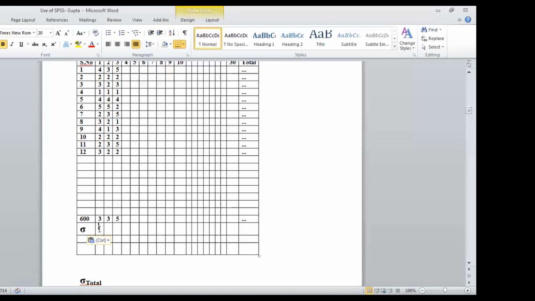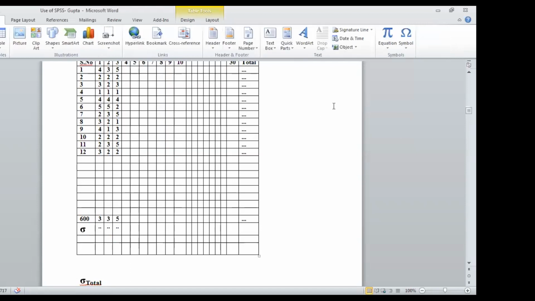And then you can add all these, and you can have the total of standard deviation.